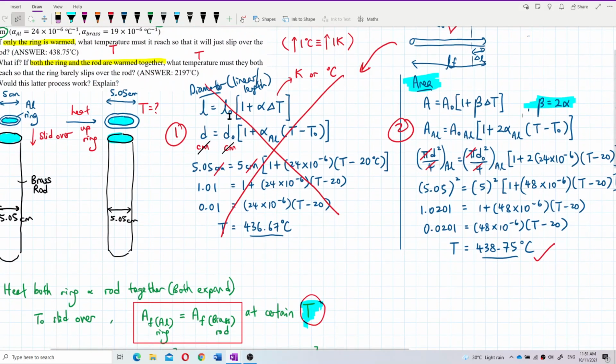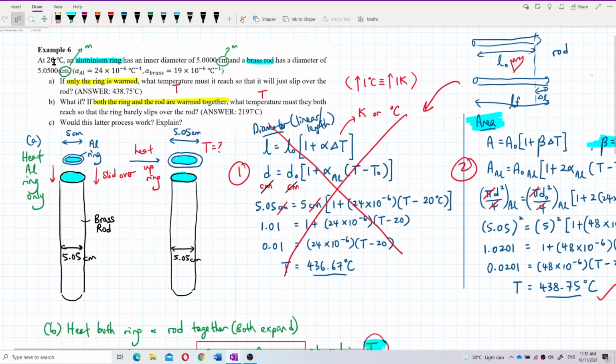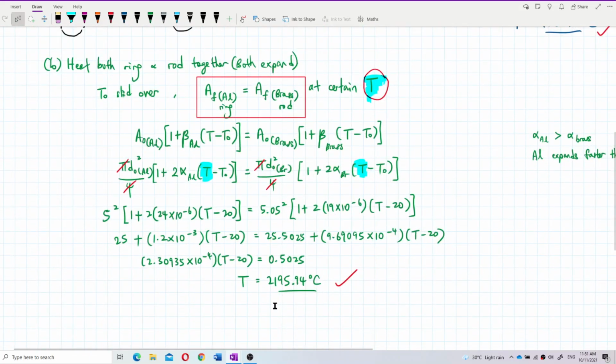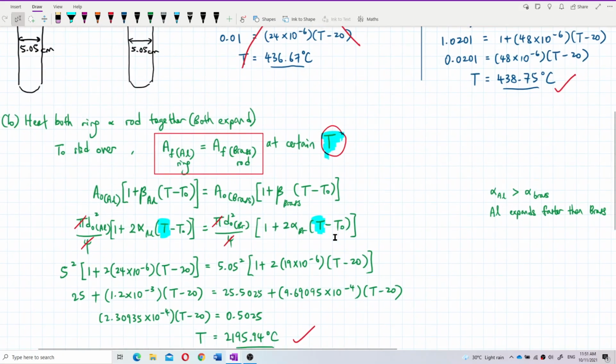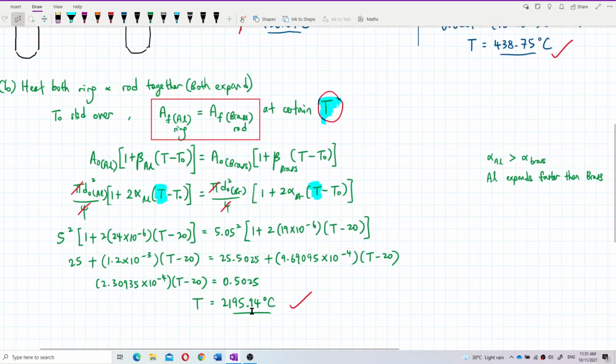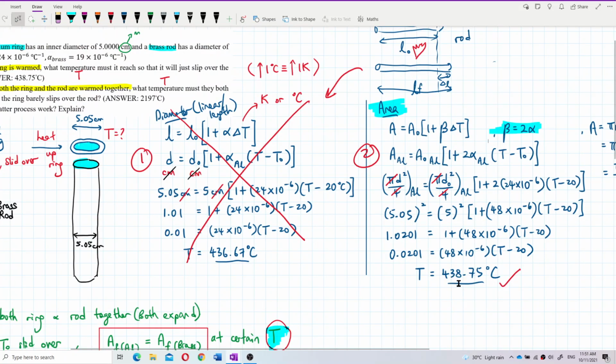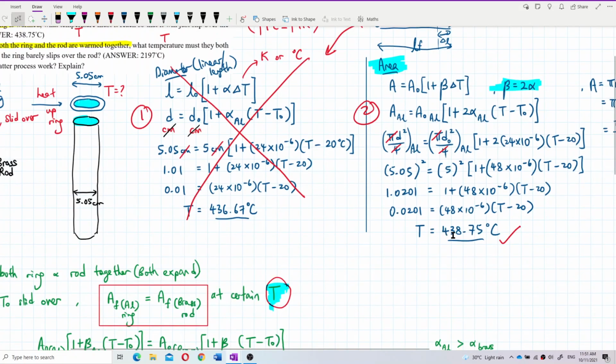The initial temperature is 20 degrees Celsius. If you heat up both materials, you have to heat up until about 2000 degrees Celsius. If you only heat up the ring, then it's only 400 degrees Celsius to become the same area.